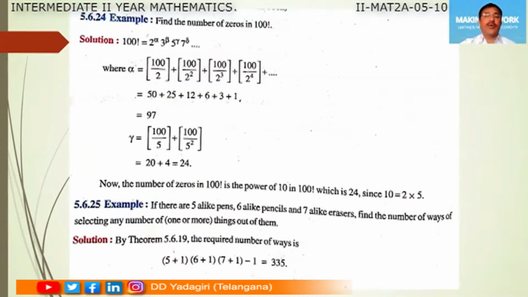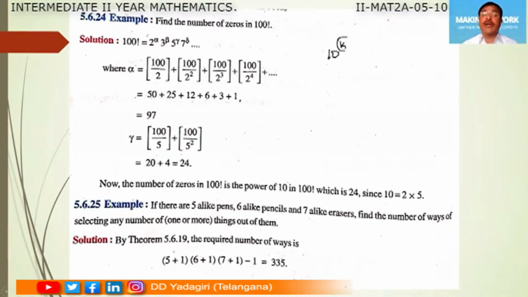Now, this is the example to find the exponent. So this is the best and an important example here. Find the number of zeros in 100 factorial. So when 100 factorial is expressed as a product of prime factors like 2 power alpha, 3 power beta, 5 power gamma, 7 power delta and so on, the number of zeros in a number depends on 10 power k.